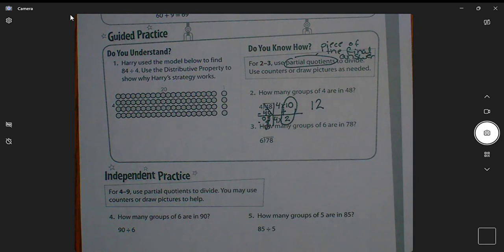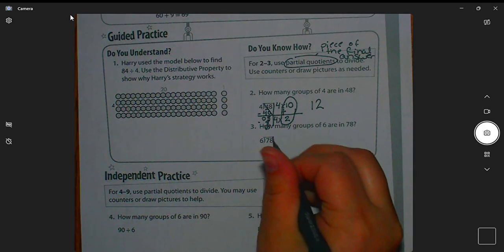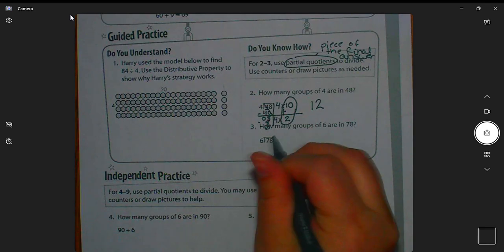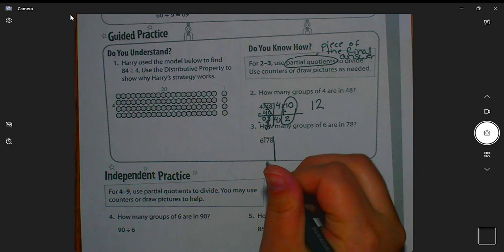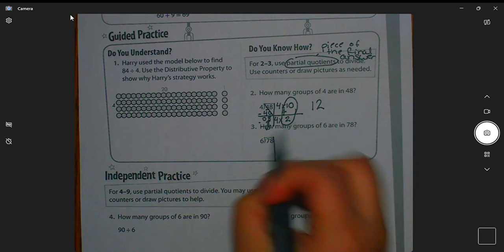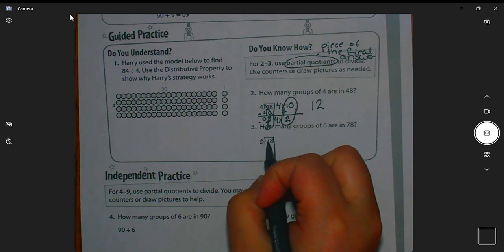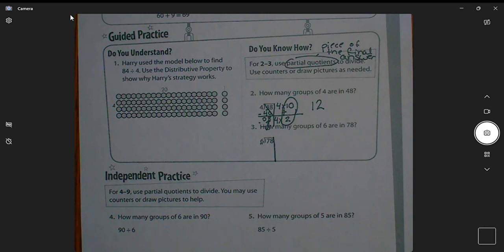Think you can help me do this next one together? All right, so again, I'm going to draw my thinking line to make the big 7. I call it a big house, but math calls it a big 7. Now, can I get 6 to divide into 7? Is 6 greater than or less than 7?